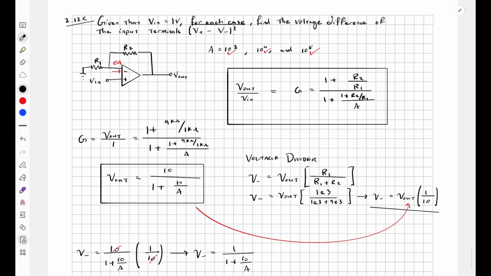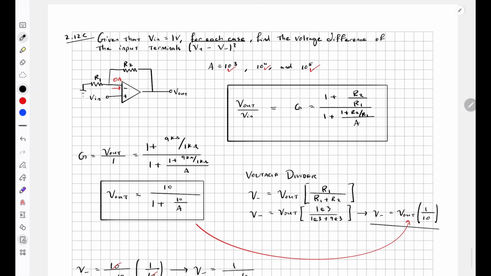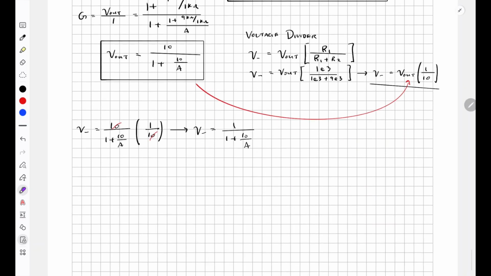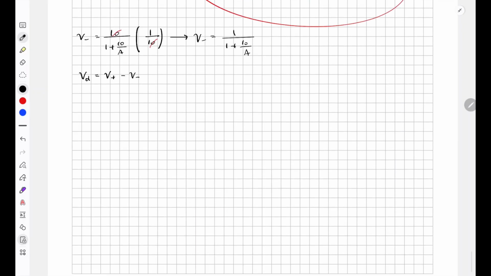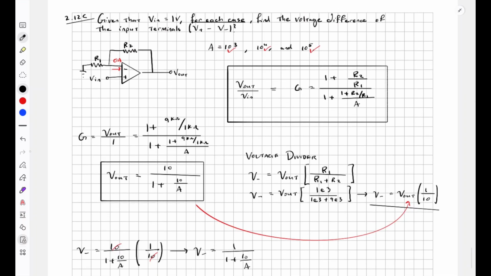Now the question asks for the voltage difference, V plus minus V minus. Let's call that VD, equal to V plus minus V minus. We know that V plus is connected to V in. You see that this V plus is V in.